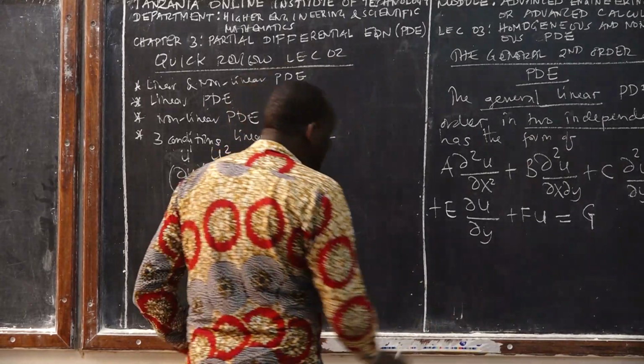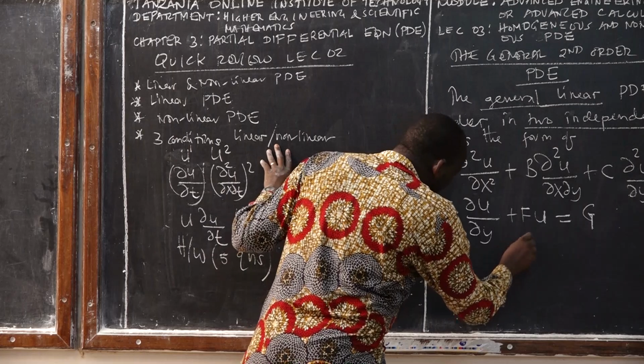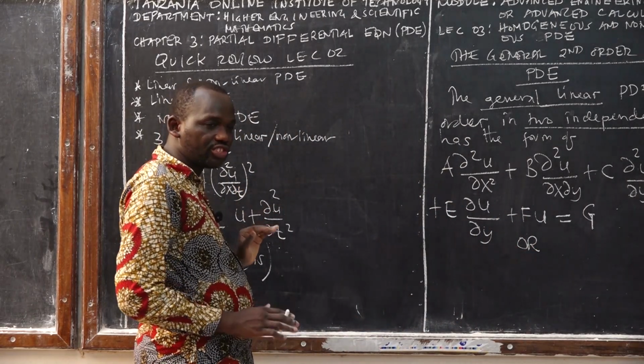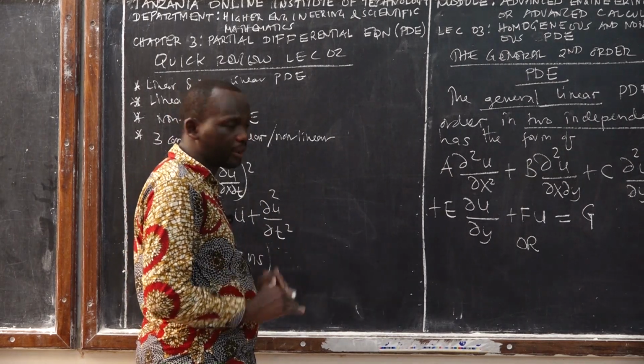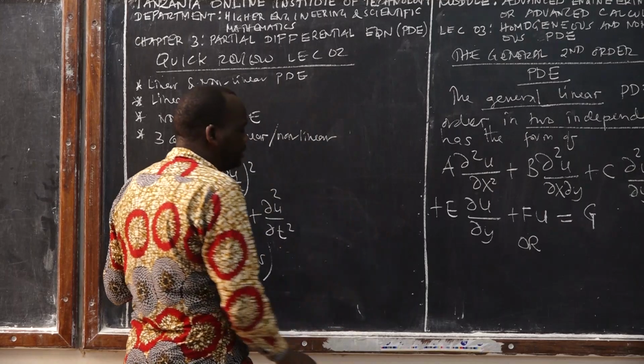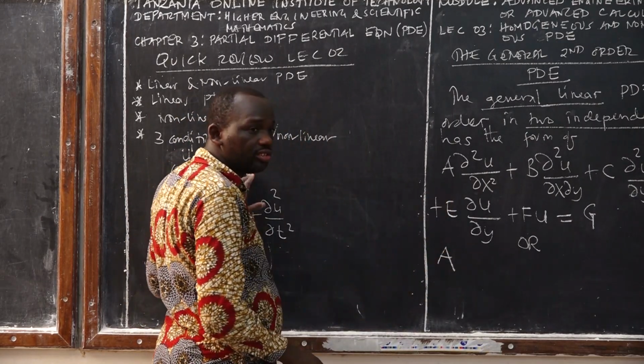So listen, this is one of the forms. The second form, the same general partial differential equation, can be represented in this style, which is simplest. Listen, understand, then you write. We start with A, the coefficient.